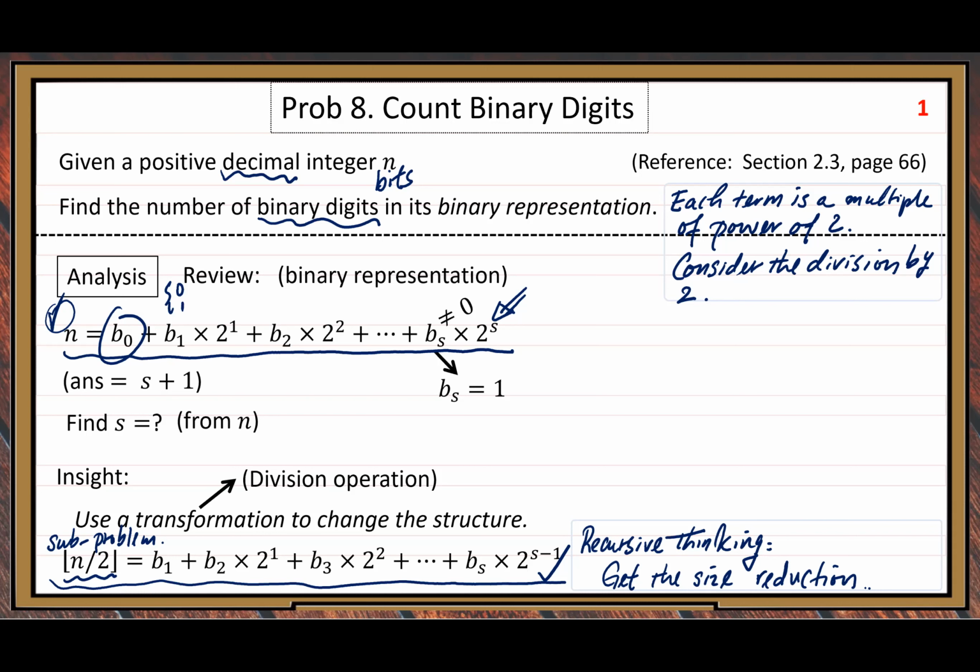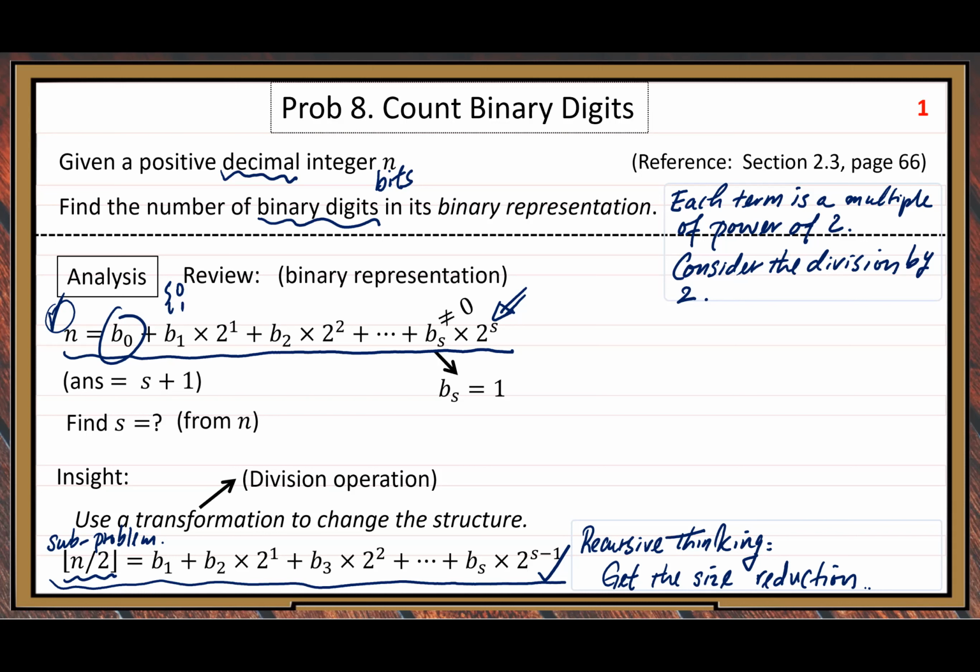And from the recursive thinking, when we can reduce the problem size, then we are very close to the recurrence relation. Here we are very close to discovering that recurrence relation.